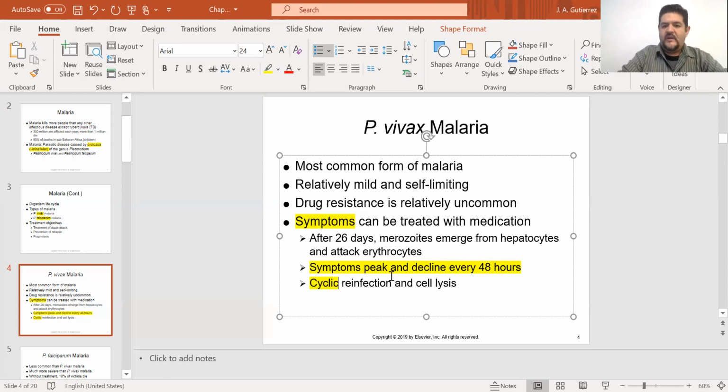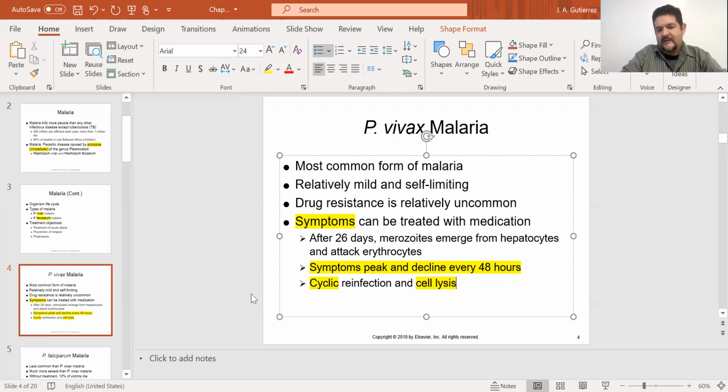And then when we do a blood test, we're gonna find anemia, cell lysis. So what happens here? Like I was telling you, this parasite likes to invade red blood cells. So they multiply inside our body. When they're inside the red blood cells, the immune system cannot detect them properly, so the patient doesn't have symptoms.